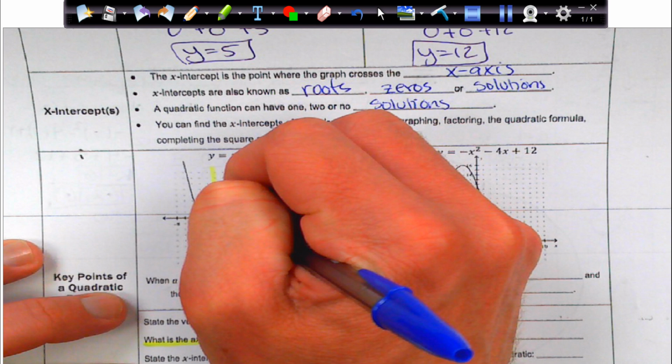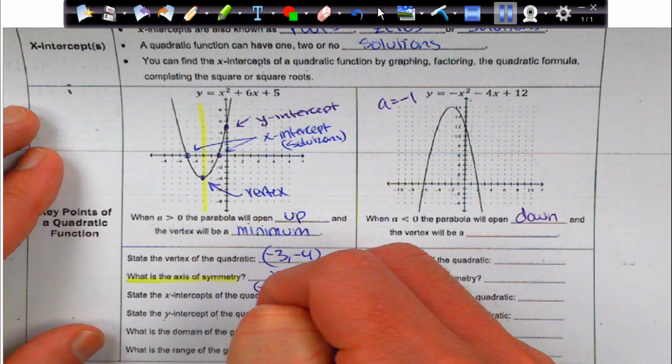But these would be called solutions, and these appear to be at -6, 0, and I think it is 2, 0, if I'm not mistaken. The y-intercept of the graph is right here, which looks like it's pretty close to 12. So that'd be 0, 12, 0 on the x, 12 on the y.